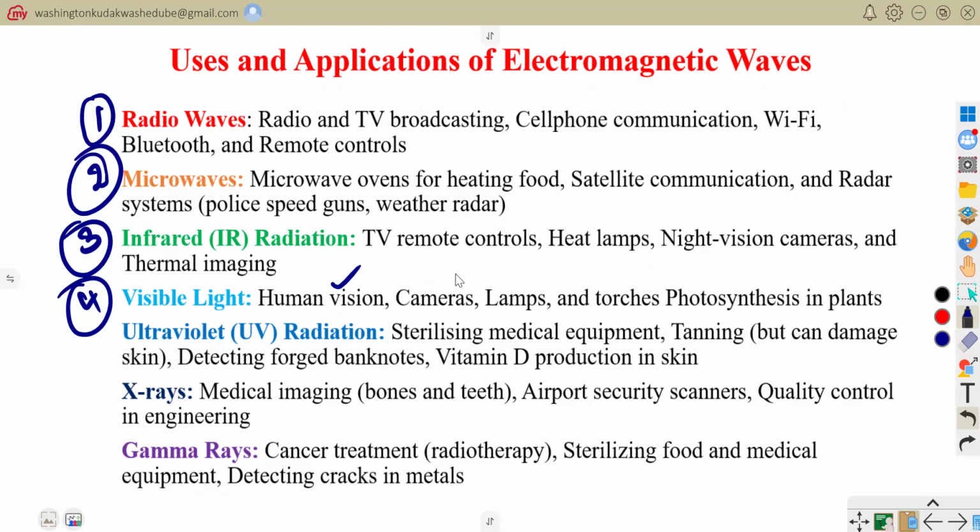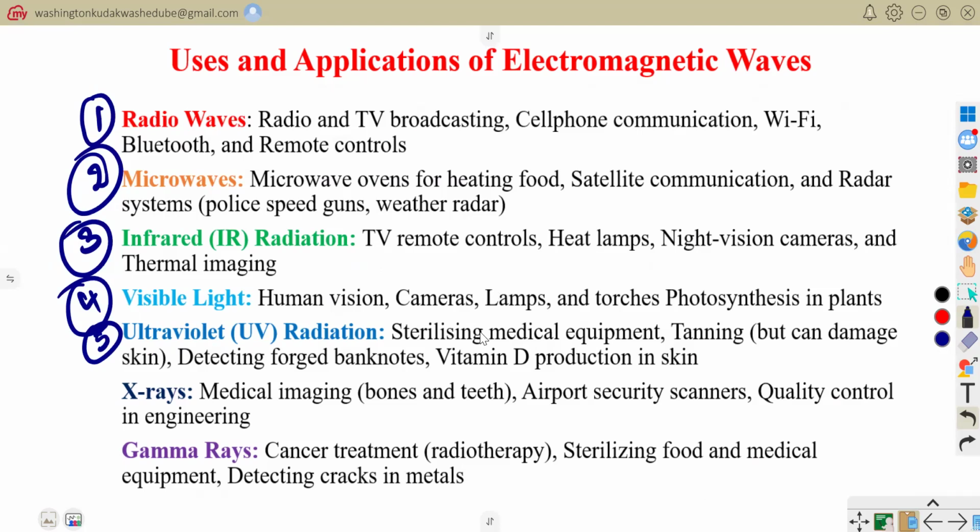And then we also use visible light for our cameras, our lamps, torches, as well as photosynthesis in plants. That is where we use visible light. And then after visible light, we have what we refer to as ultraviolet light or ultraviolet radiation. This is used for sterilizing medical equipment.